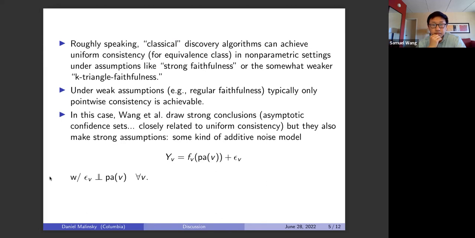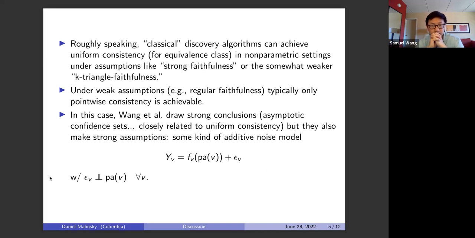But if we make only relatively weak agnostic assumptions, just using regular faithfulness, for example, we can typically only expect point-wise consistency guarantees. And in this case, Sam and his co-authors are drawing strong conclusions by giving you asymptotic confidence sets, which are closely related in a kind of complex way to uniform consistency guarantees, but they make strong assumptions to do that.